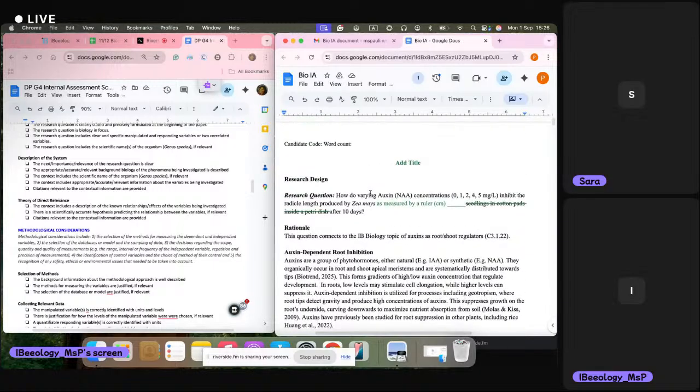You say, I would like to investigate how auxin is inhibiting or how it promotes growth in terms of root. Okay? But my method is I'm going to go to a cornfield and get like 21 grown plants and chop everything to see the root, and I will measure it by meters.